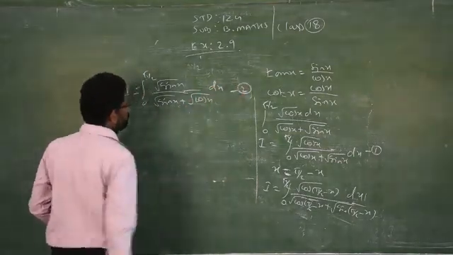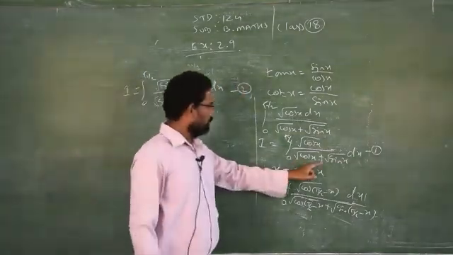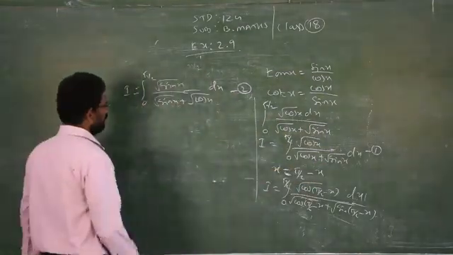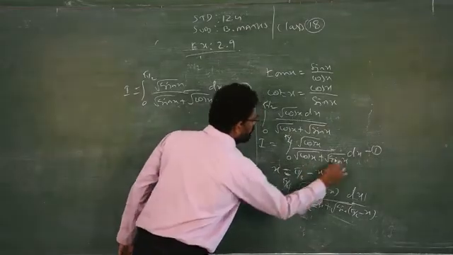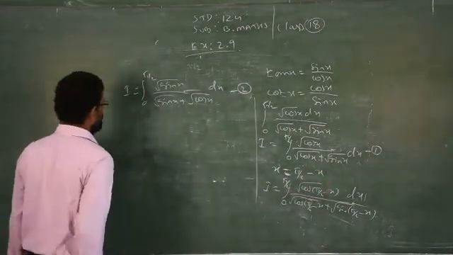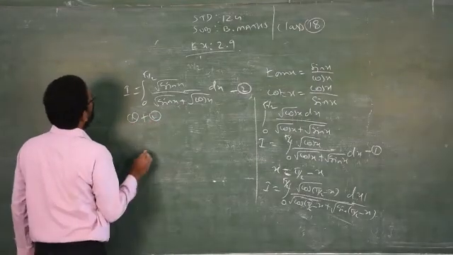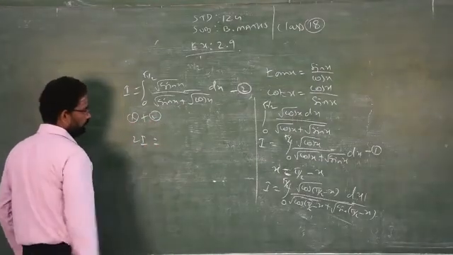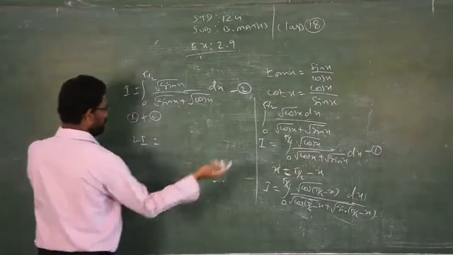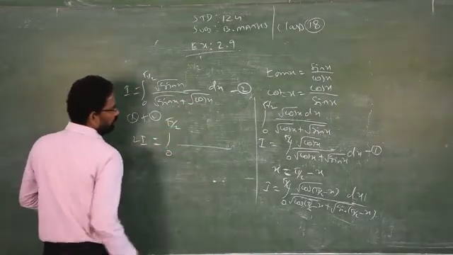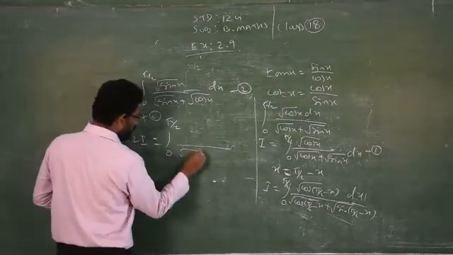Equation number 2. Now you can see that the denominators of equation number 1 and 2 are the same, only the terms are interchanged, but there is no change in the sign. Therefore, you can add 1 and 2, you will get 2I. When you add, you have to add the left side as well as the right side. So 0 to pi by 2, same denominator.